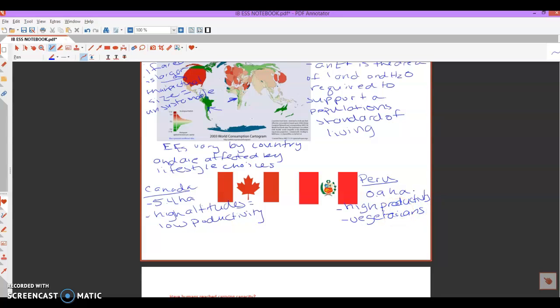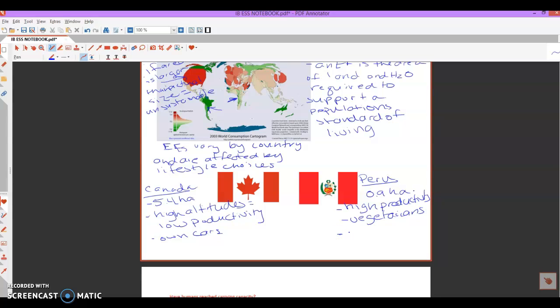As we'll see when we get to food production systems, raising meat for human consumption is very damaging to the environment. Okay, Canada is a much larger country, so people own cars because they have to drive places. In Peru, it's smaller.